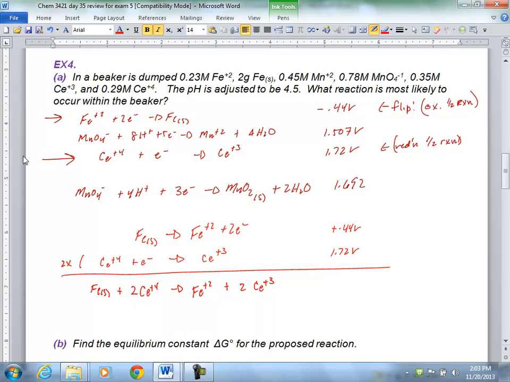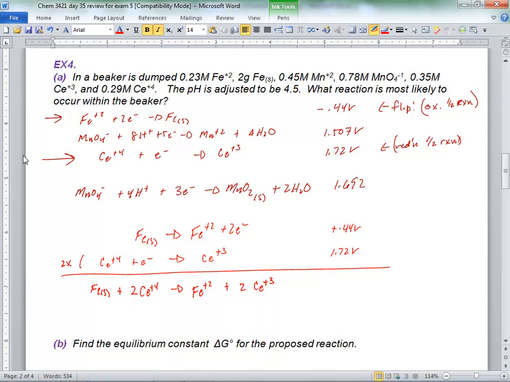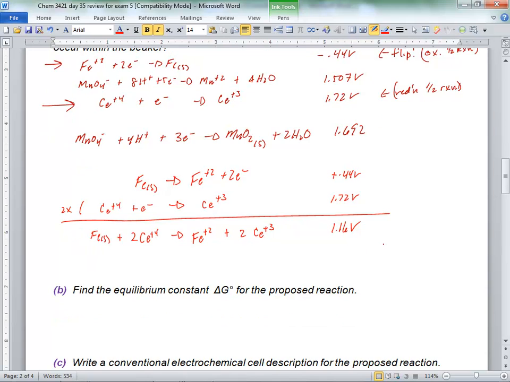So in the overall reaction, we do write out the solvents. Then find your delta G0. Oh, find the equilibrium constant. What is delta G0 even doing in there?